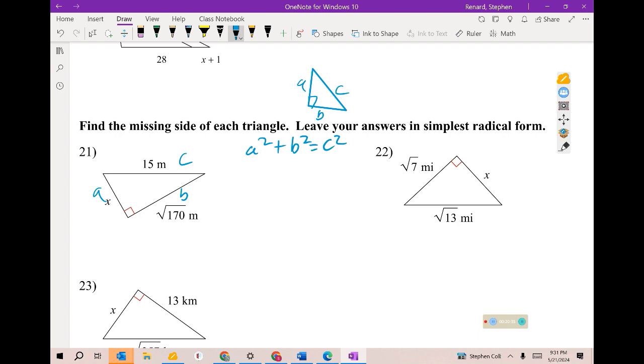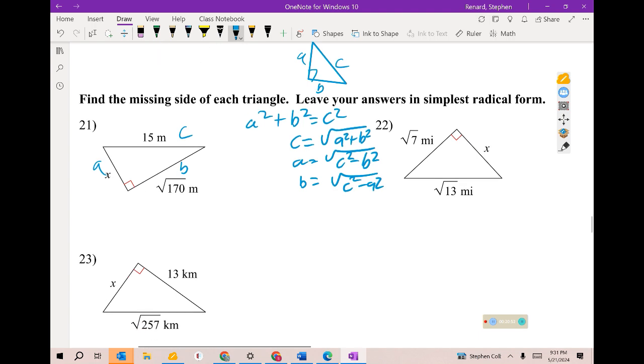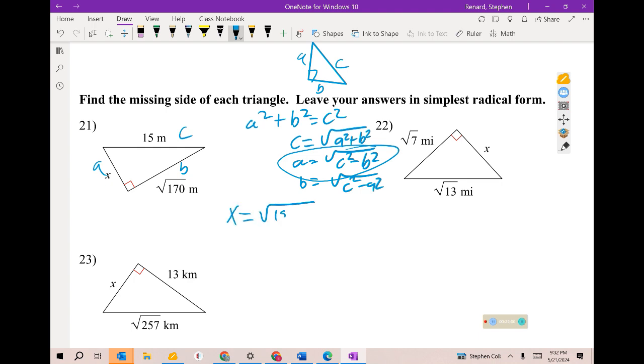Now, in your notes somewhere, you should have solved versions for this for each side. So here, we're looking for A. So we're going to use this piece right here. We have x equals the square root of 15 squared minus the square root of 170 squared.